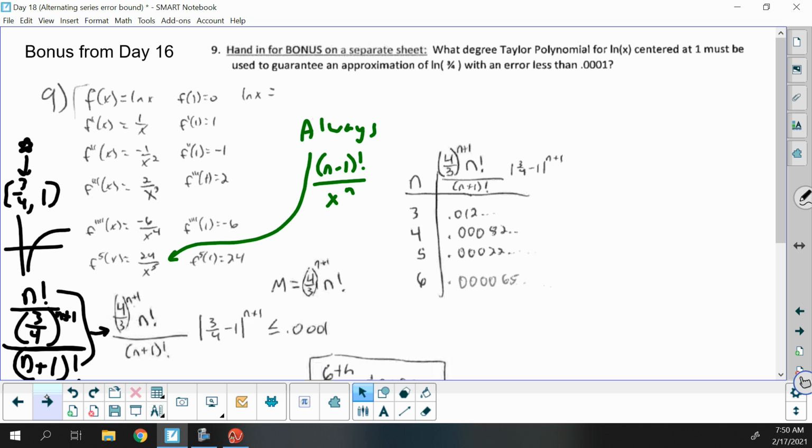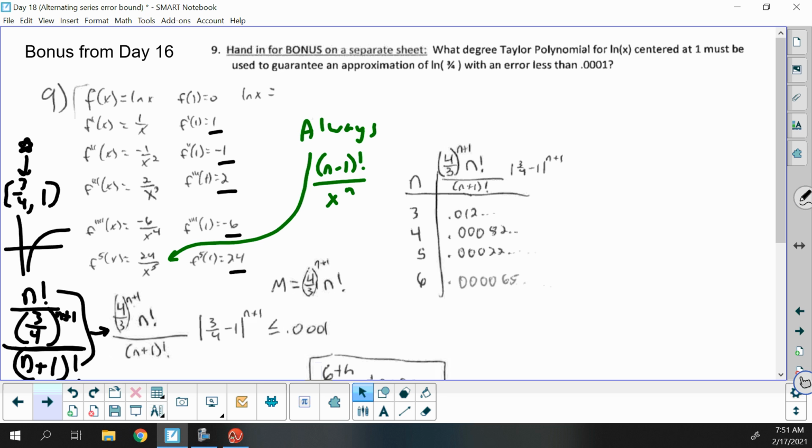Well, we're working with 1 because 1 is what they wanted us to center it at. So when you sub in 1 for each of those derivatives over here, that's why we got those in the numerator.